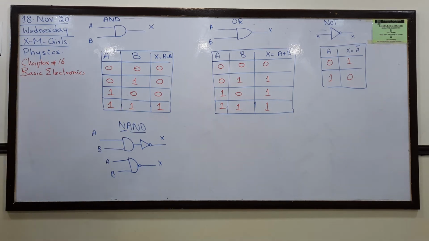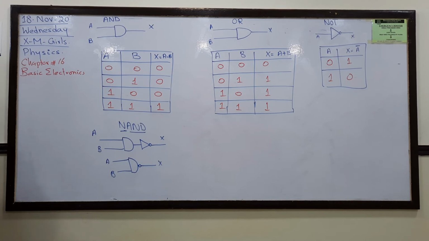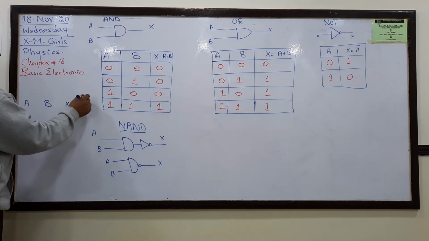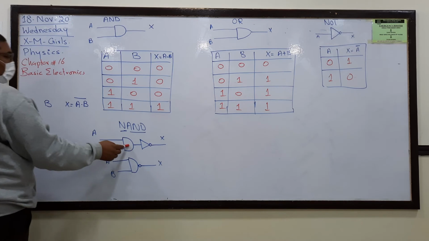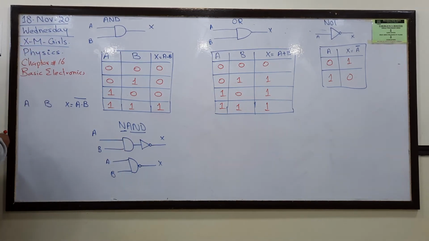Okay? So if I draw its truth table, here I will have A, then B, then X. And X will be A multiply B and then inverted, because whatever is the output of the AND gate is fed to a NOT gate.